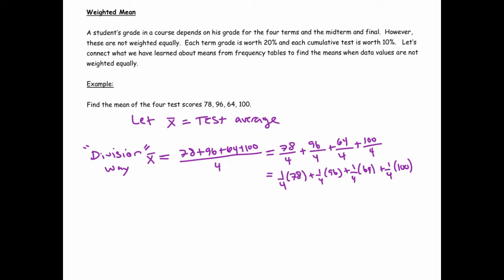Now, at this point, I don't care about simplifying this and getting the answer. This is where I wanted to get you to, because I want to point out that the decimal way of doing this problem looks like this. We should notice that 1/4 as a decimal is equal to 0.25.